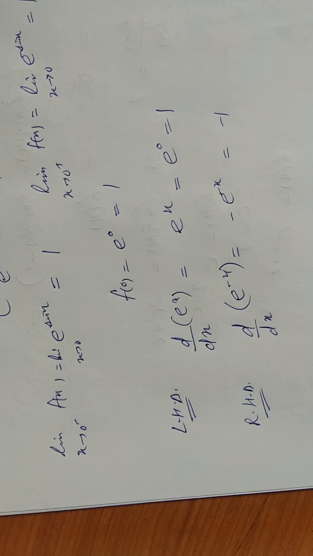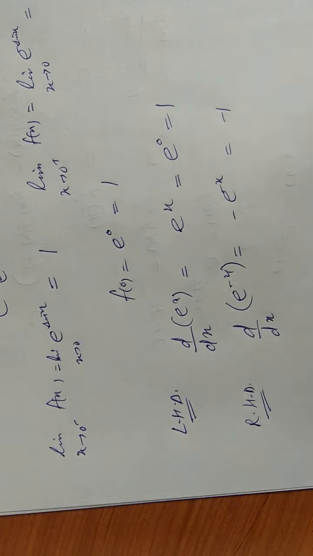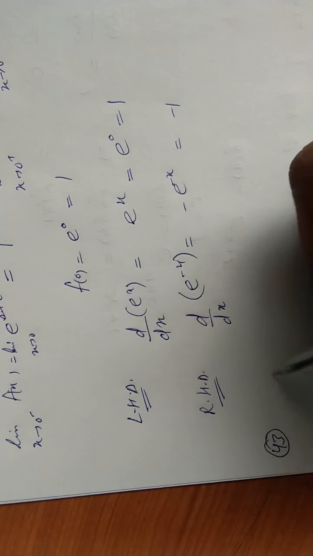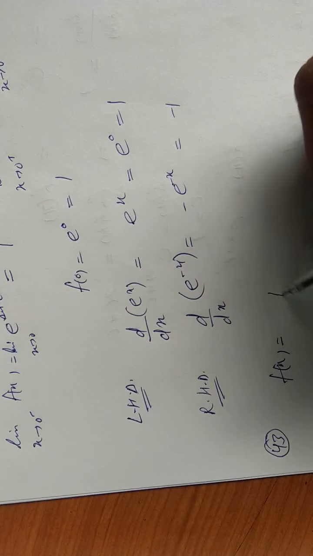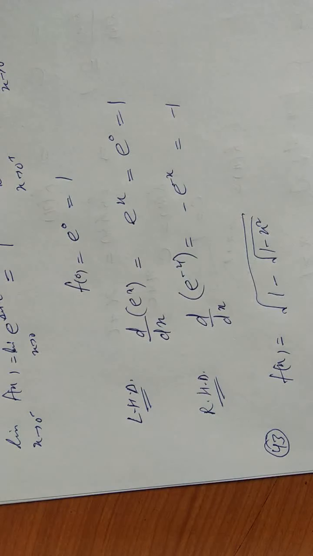Moving on to the next question, question number 43. We have been given f(x) is equal to square root of 1 minus x square. We need to check continuity and differentiability.